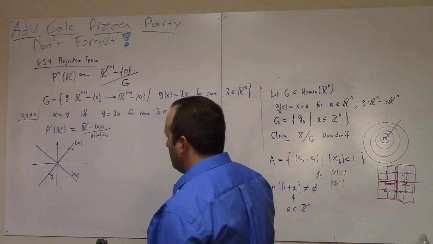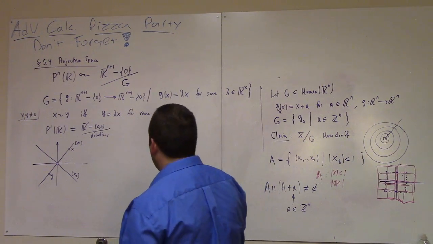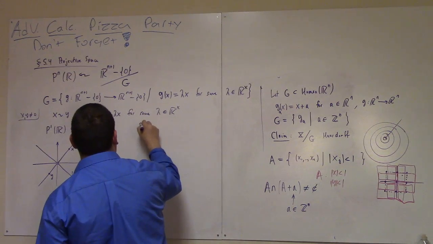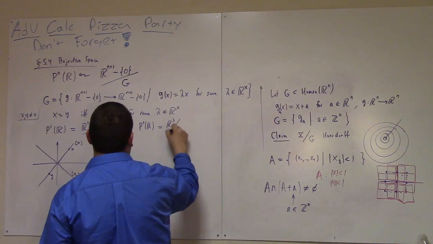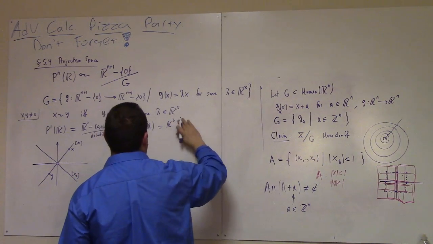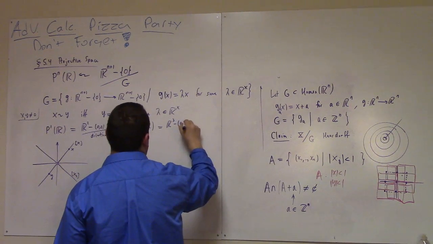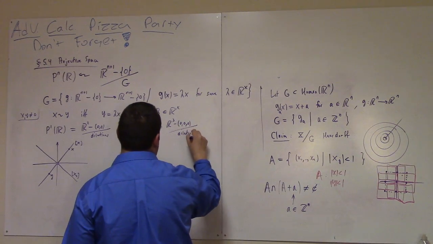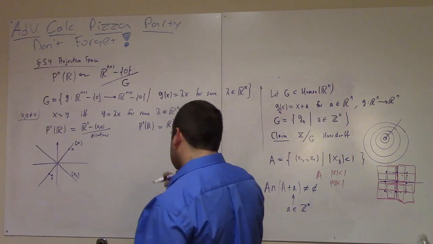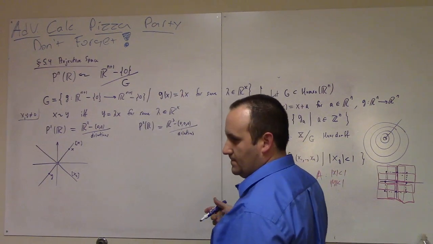So P2, what would P2 look like? Like a half circle. So R3 without the origin, mod dilations.